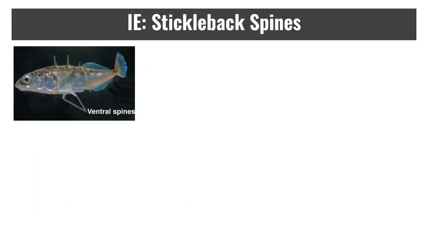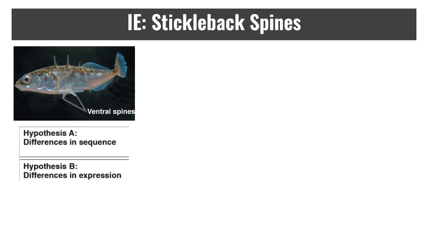A great experiment that looked at the changes of genes and what led to broader structural differences was done with stickleback fish. You can see an example of a stickleback here, and they have these ventral spines at the base. This was being researched by David Kingsley and his colleagues, and he had identified a key gene called PITX1.